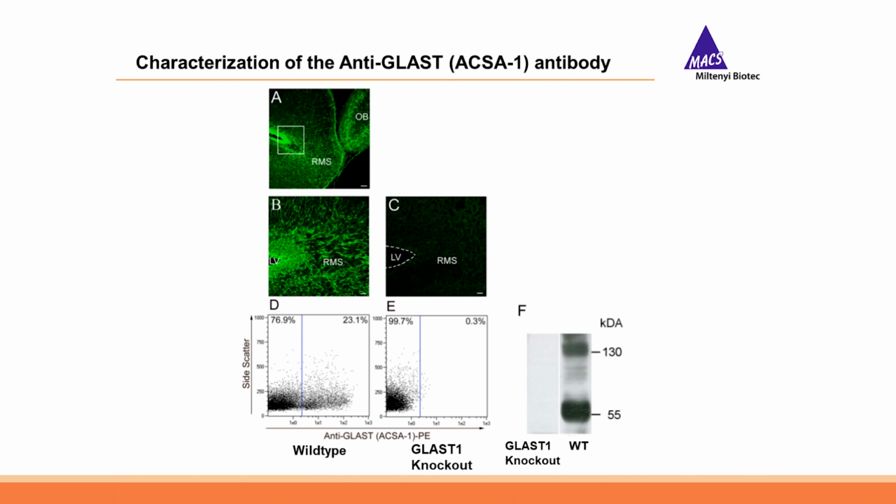We observed the same by Western blot analysis, as you see in F. Two bands corresponding to the GLAST monomer and to the dimer were detected in wild-type mice, whereas no corresponding signal was seen in the knockout animals. That means that these results demonstrate that the anti-GLAST antibody specifically detects an extracellular domain of the native as well as denatured GLAST protein.